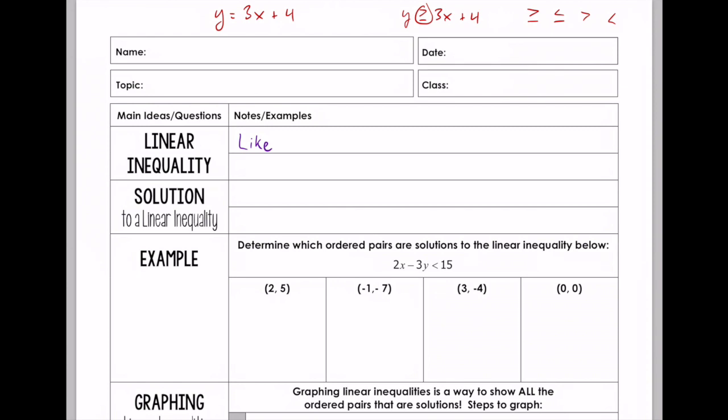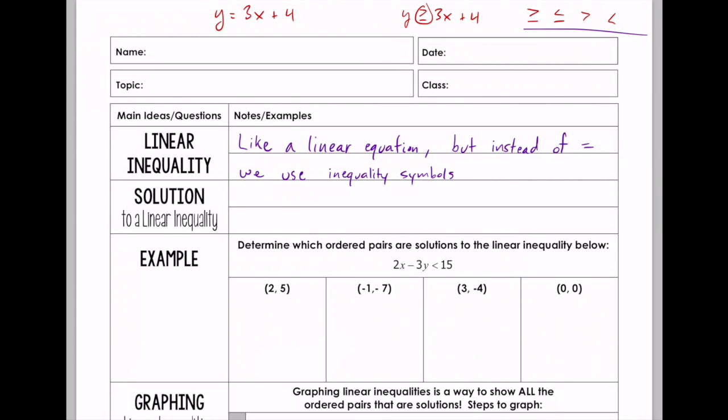So just like I said, it is like a linear equation or linear equality, but instead of an equal sign, we use inequality symbols. So one of those 4 that I mentioned up here.